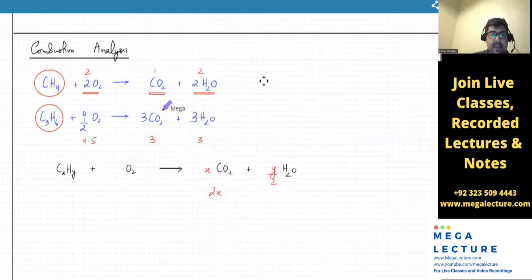If you have 3 carbon dioxides, that means 6 oxygens, double the amount. If I have X carbon dioxide, that means 2x oxygens. And similarly, if I have 3 water molecules, that means 3 oxygens. So if I have Y by 2 water molecules, that means Y by 2 oxygens. So I've got 2x oxygens and Y by 2 oxygens on the right side. That's the total amount of oxygens. Is that clear?